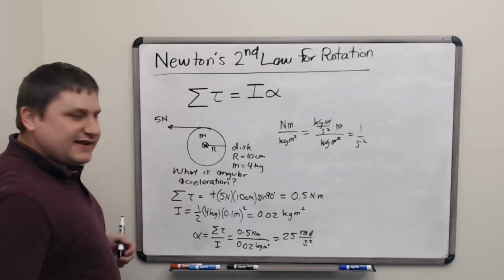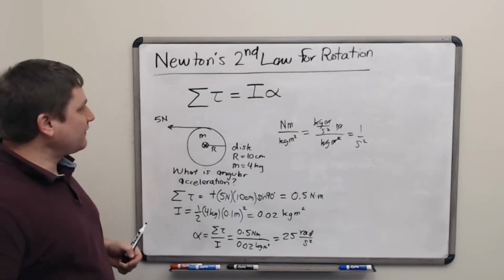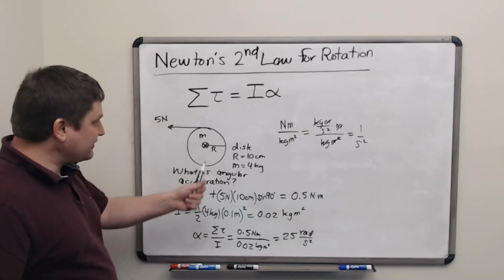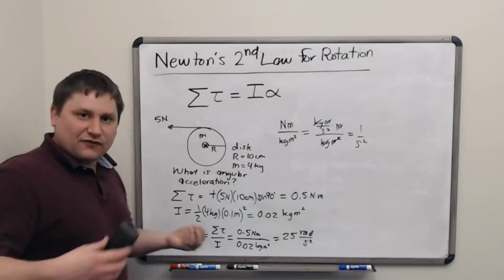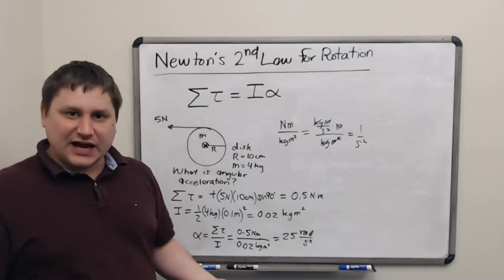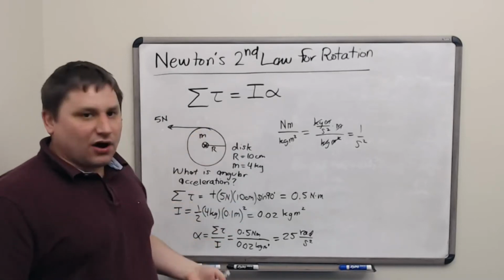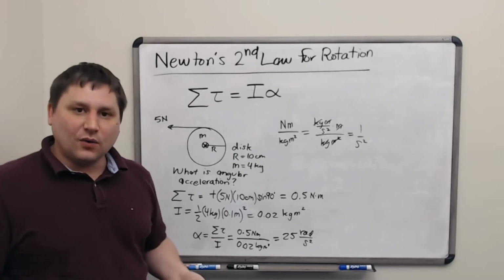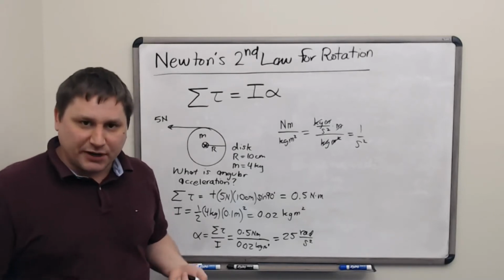Okay, so that's a very basic application of Newton's second law for rotation with just one torque and just one object. And as we know from our work in previous chapters, usually Newton's law is applied in situations where there's more than one force or more than one object or both.